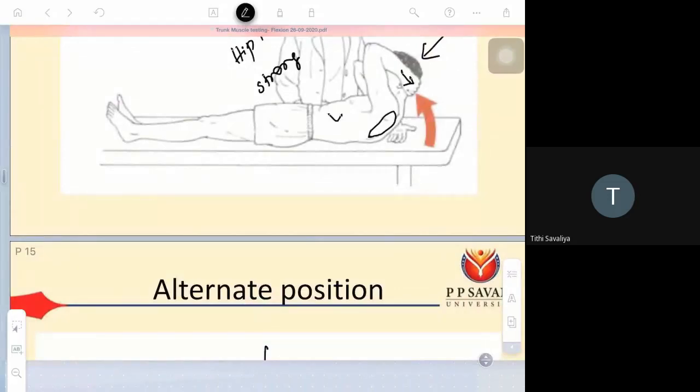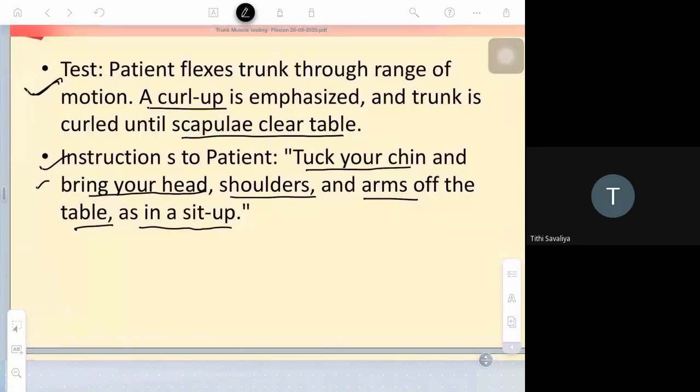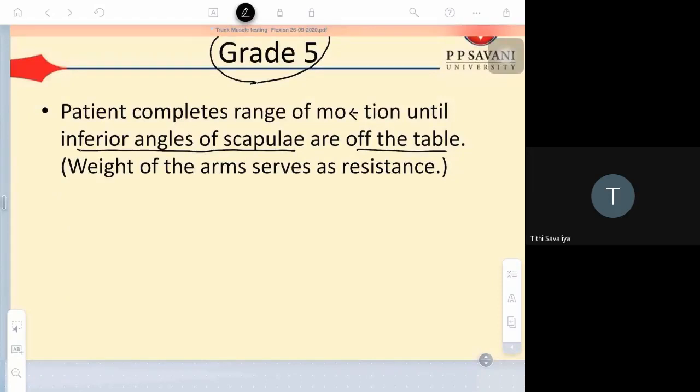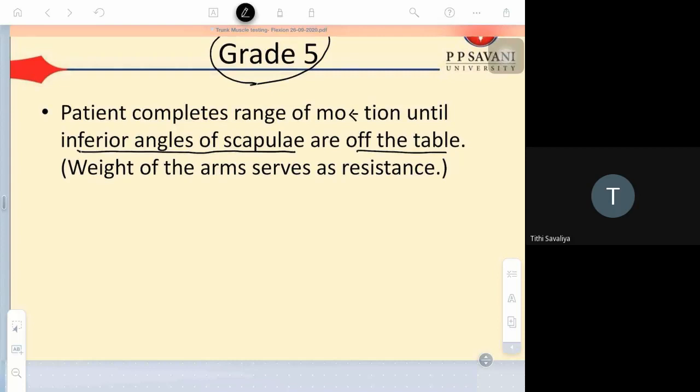Clear? So this point should be off the table. If the patient can raise the body until the inferior angle of the scapula is off the table, then the patient is having muscle power 5.